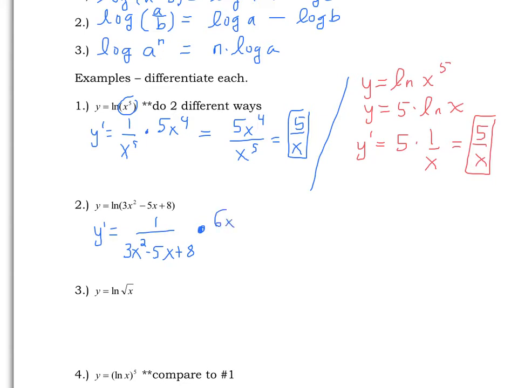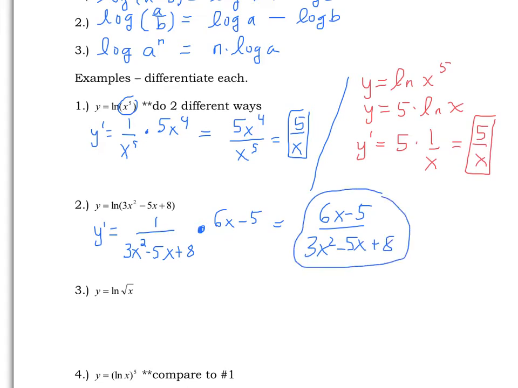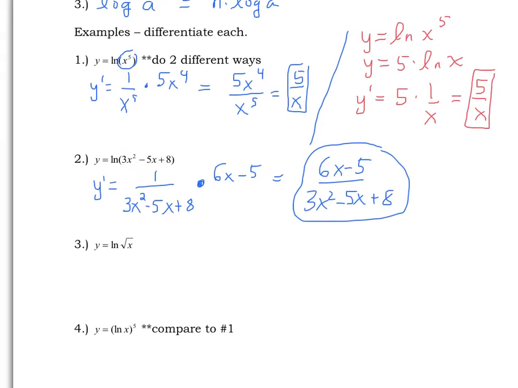So 6x minus 5, and then I'm just going to slide that over. And that's all we can do with it. That's our final answer. So again, write yourself a little note by number 2 here that you cannot distribute that ln to the three terms. That's not one of our log rules.